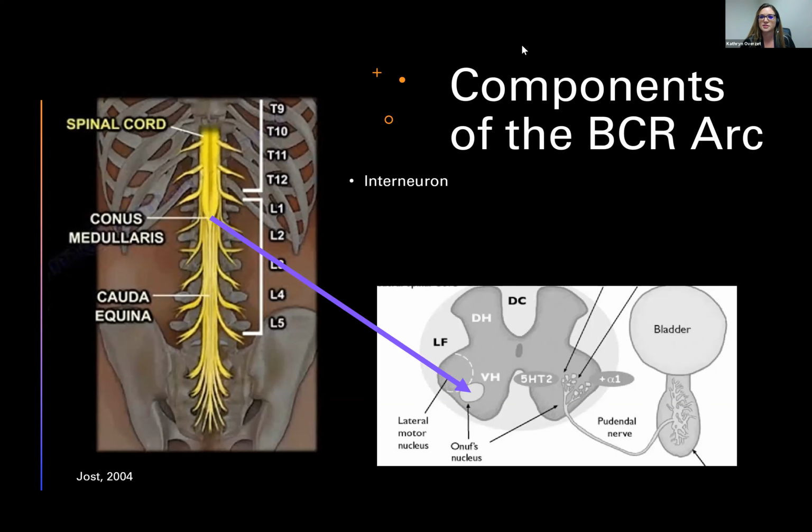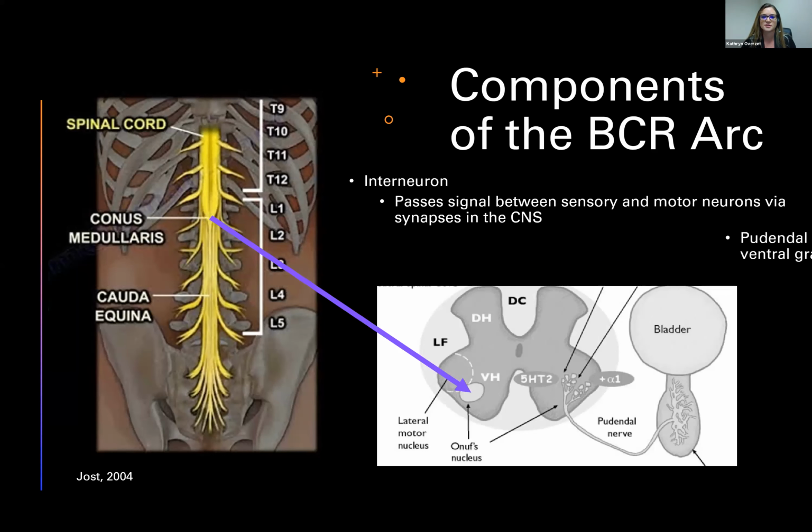Once it reaches the conus, it will connect with an interneuron, and that passes the signal off from the sensory to the motor neurons via synapses in the central nervous system.